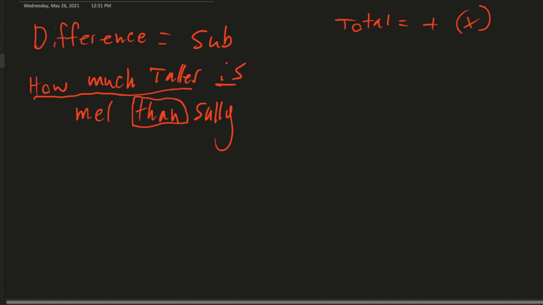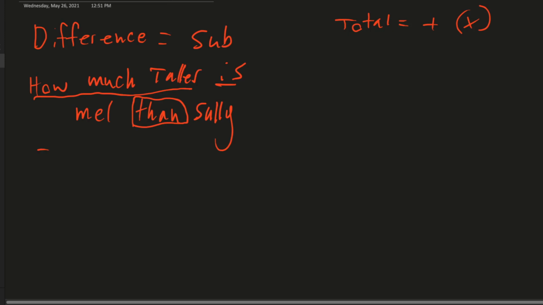We're comparing two things. So than will often lead you off to thinking that there is probably a difference being asked about here. There might be other things like after and all sorts of different ways to look at this.